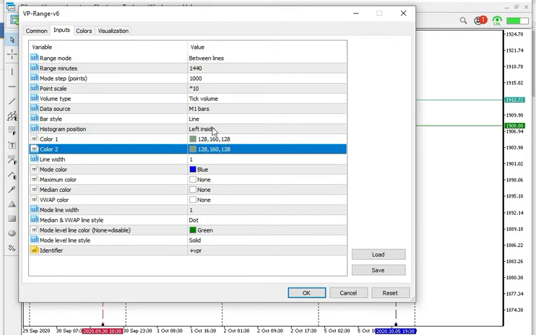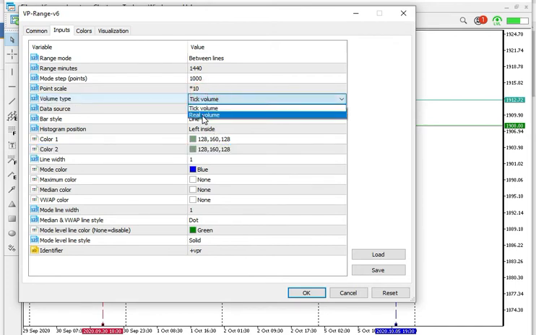Color 1 and color 2 are the places where ticks went up or ticks went down. If it's real volume, they represent the bullish volumes and the bearish volumes. Sometimes I change them to blue and red for better visualization. However, with forex markets, it's negligible, not that important.